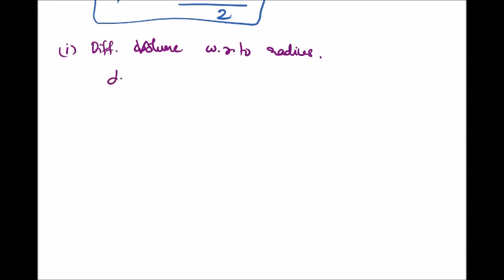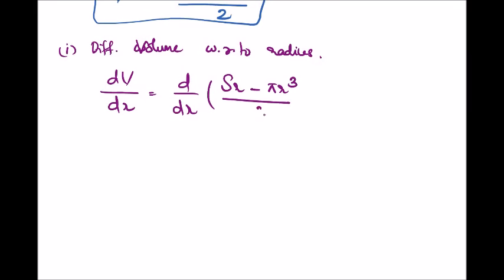That is dV by dr is equal to d by dr of S r minus pi r cube, the whole divided by 2. Here 1 by 2 is constant, so we can take it out.